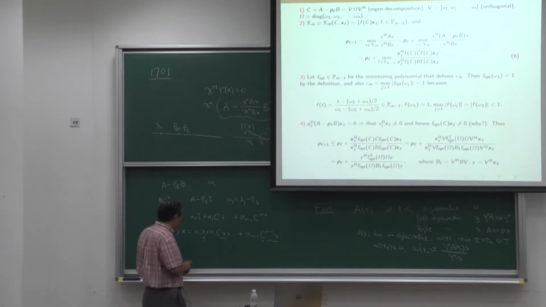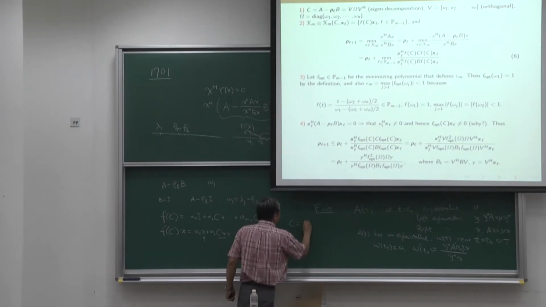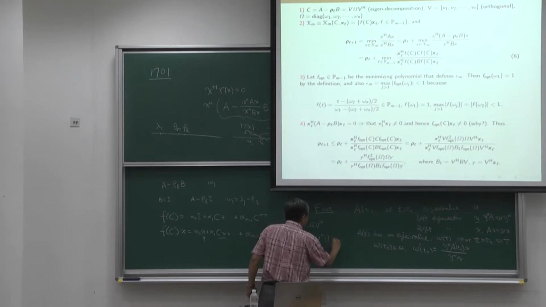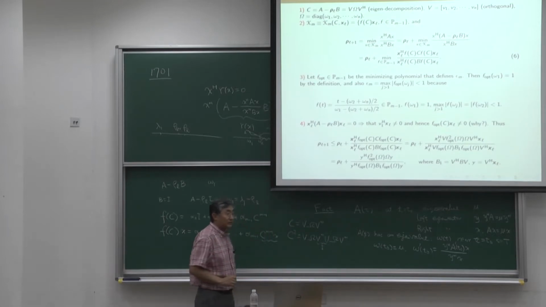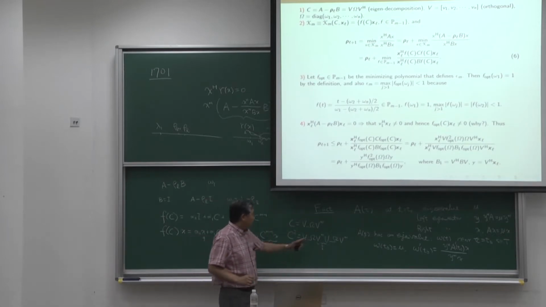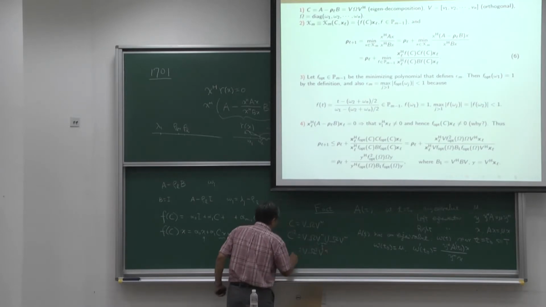If you put in the eigen decomposition, C equal to V omega V transpose, C square equals V omega V transpose V omega V transpose, and now that's where we need V unitary, V transpose V equal identity, so it becomes V omega square V transpose, and you keep on doing that.